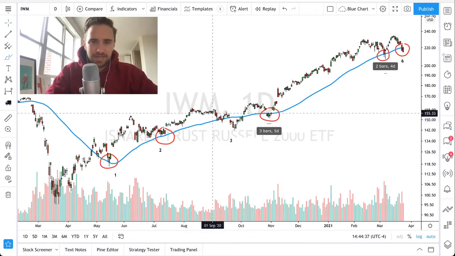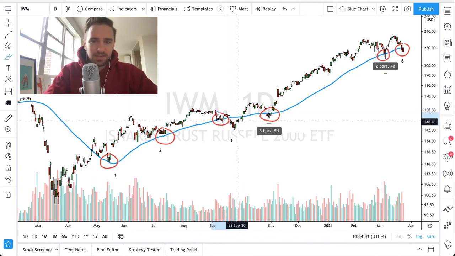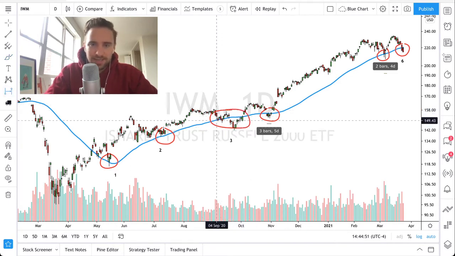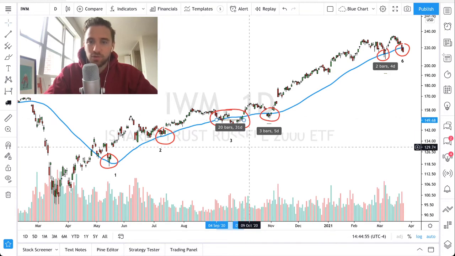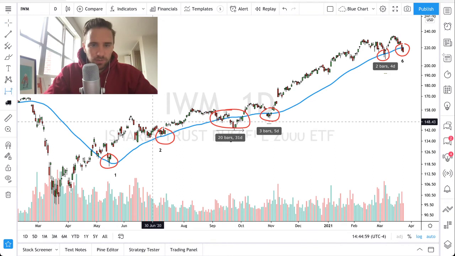So it tested it here, bounced, and then it broke through again. So, I mean, you almost could say, depending on how you want to define the study in this example, maybe it's 7 times, but for the point of this video, let's just call this one big cluster. And it tested it here, and it didn't break out to new highs until about here. So that's 31 days. Well, that's interesting. And we can just continue onward.